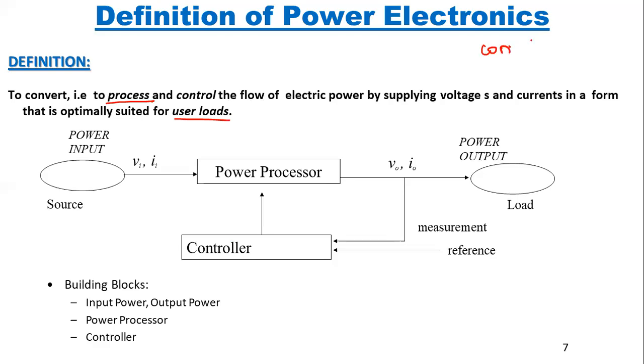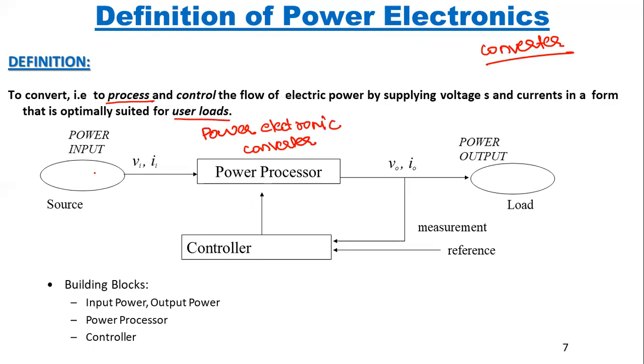We give that to a converter and we make it ready in the form that is required for the user. So this power processor can be called a power electronic converter. You might be asking, what is a converter? You will study what a converter is going ahead. So here you just understand we have a power electronic converter.